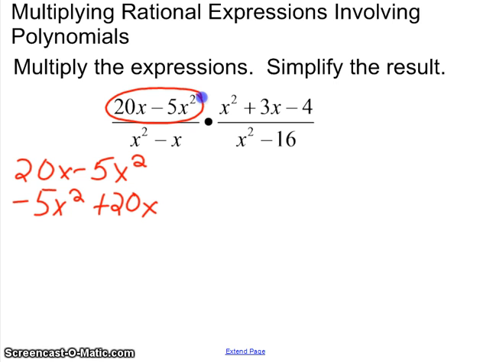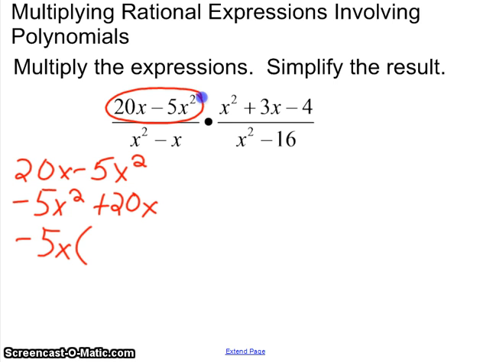And then before I try any other method of factoring, I'm going to look for GCF. The GCF of this polynomial is -5. Anytime the first term of a polynomial is negative, the GCF should be negative. And it should also include an x, because there's an x in both terms. So I want the smallest exponent of that common variable. I'm now going to divide -5x out of both terms.